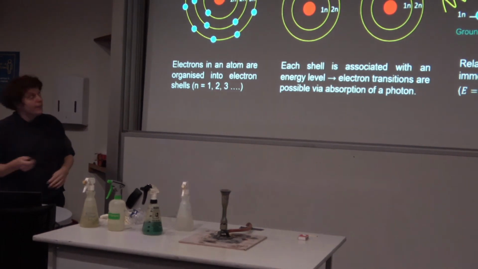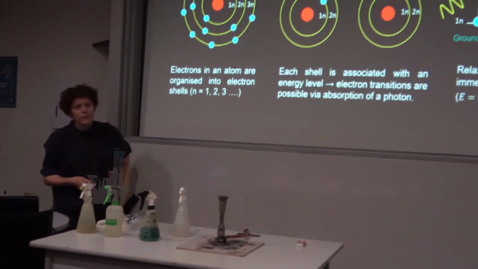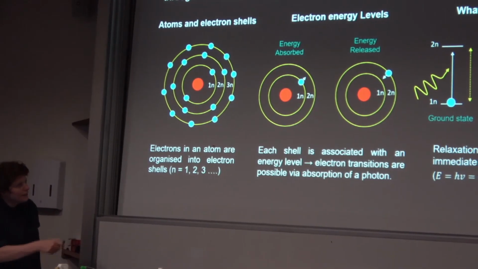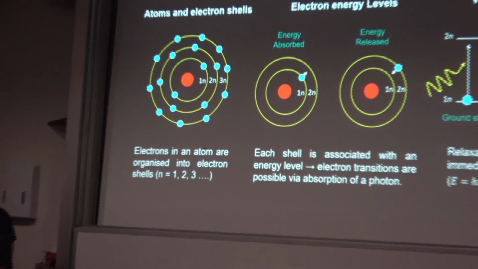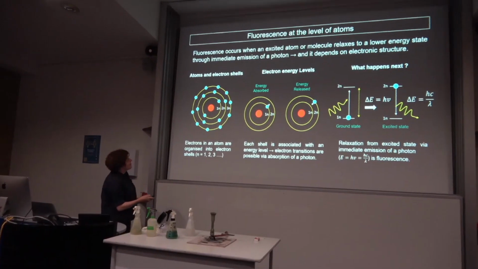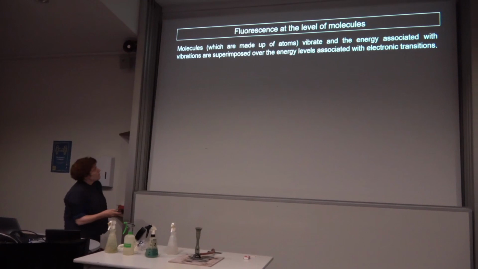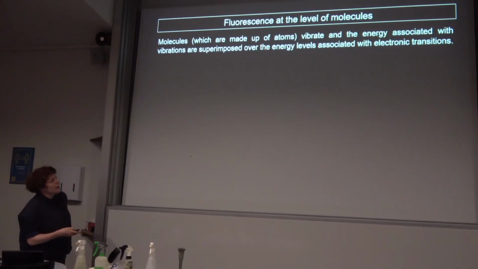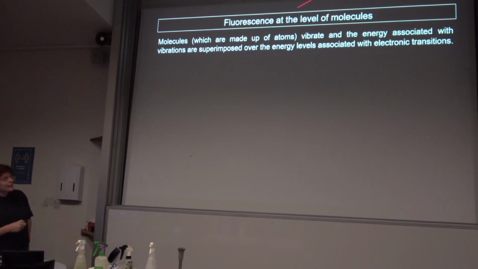Okay, so that's in the context of atoms, but with molecules, it's a bit more complicated. If you keep in mind this diagram, which is called a Jablonski diagram, you might have come across this in chemistry. Molecules are made up of multiple atoms that vibrate, and the energy associated with the vibrations is superimposed over those electronic energy levels.